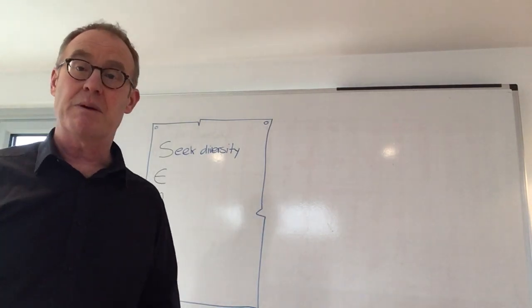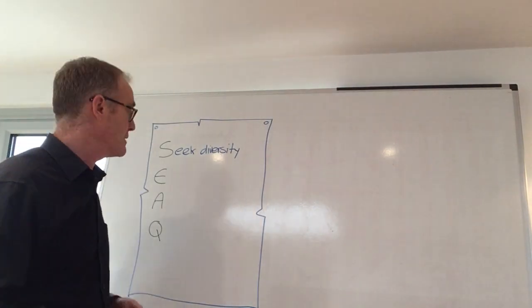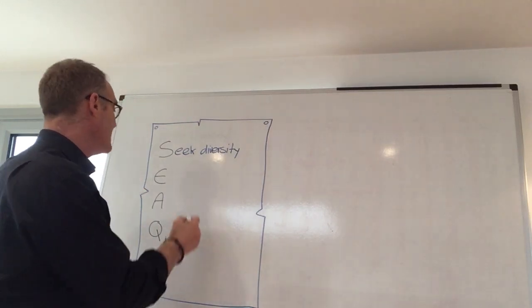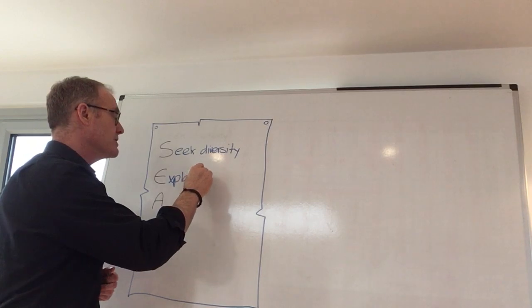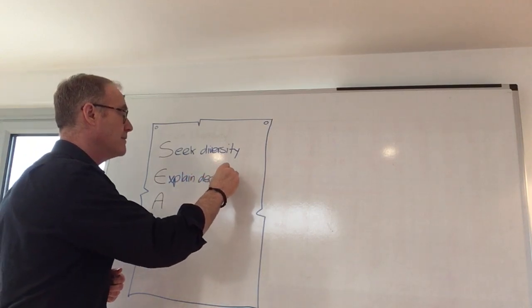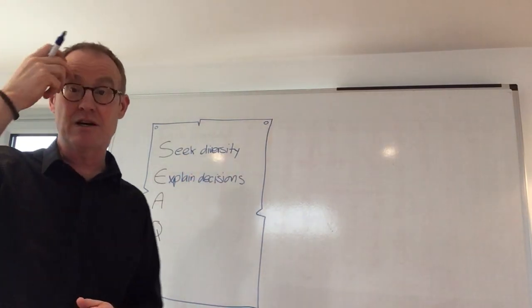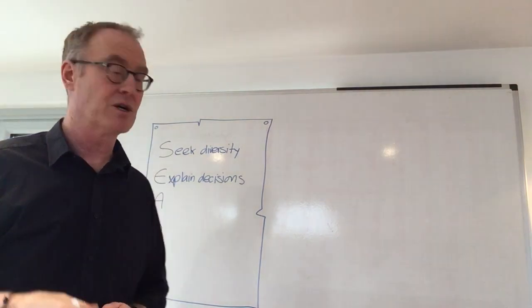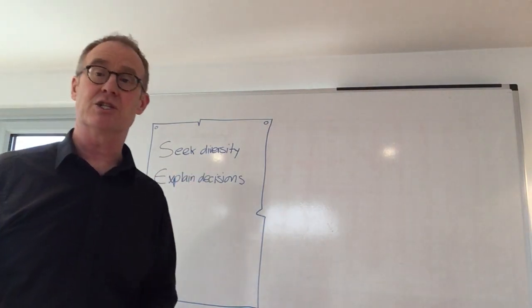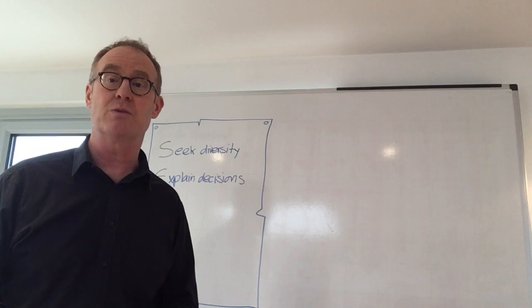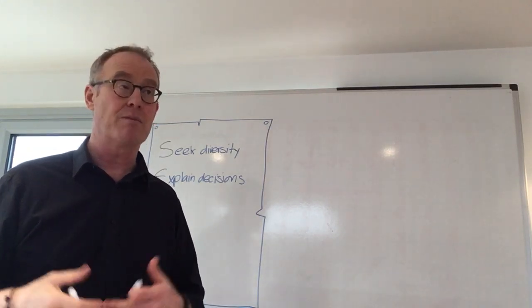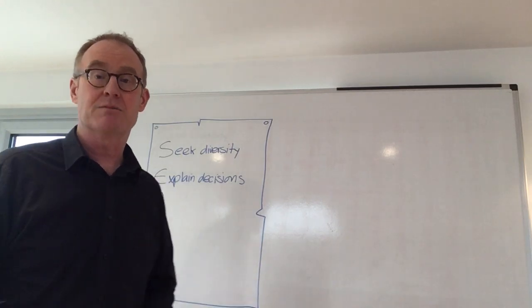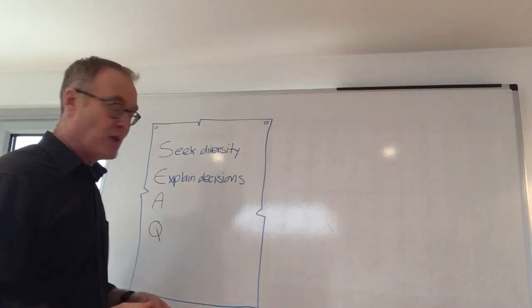By introducing different people into homogeneous groups, we get different thinking. So that's the first thing. The next thing is we can explain our decisions. And this is all on the handout, but this is our 4-step model that's going to add to the Merck model. So we explain our decisions. We explain why we've come to the conclusion we've come to about an idea we've chosen, or about a person we want in our team, or about any discussion that we're having.